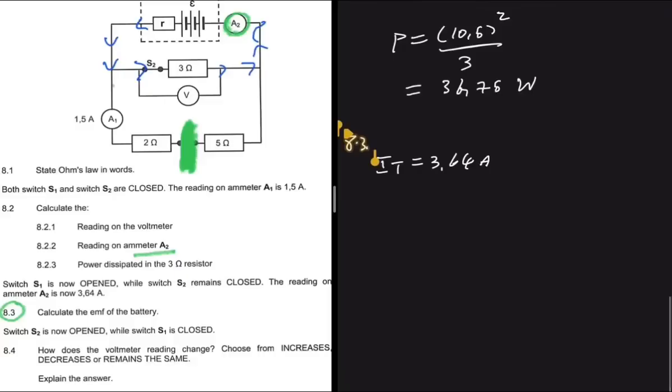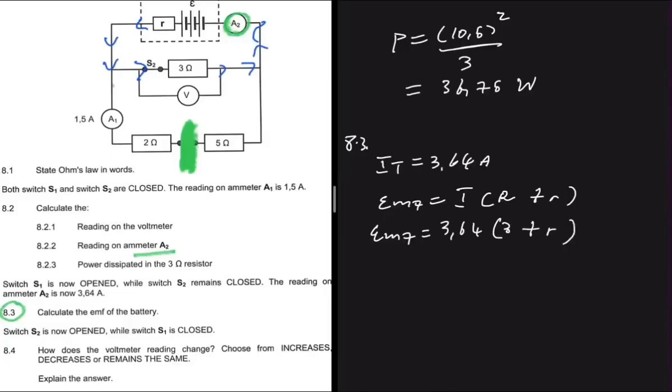To calculate the EMF, we can say that EMF is equal to I multiplied by R plus the internal resistance. So our EMF will be equal to the current, which is 3.64, multiplied by the external resistance, which is 3 ohms, plus the internal resistance. So 3.64 multiplied by 3 gives us 10.92 plus 3.64R.